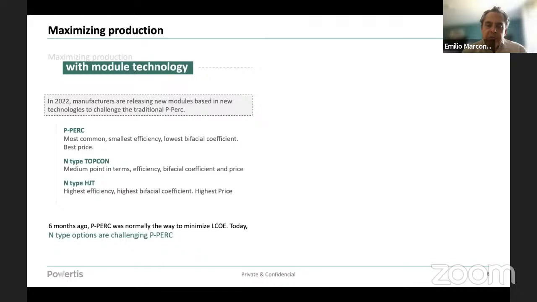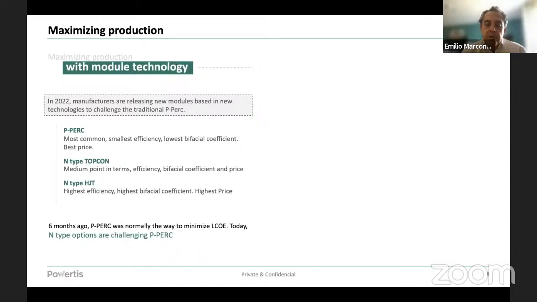But with regard to the LCOE and what is worth it for us, if you had asked me this 6 months ago, I would probably say, yeah, PERC is not an option. Today, it's not so clear. Now I would say that we analyze every single project with all technologies.